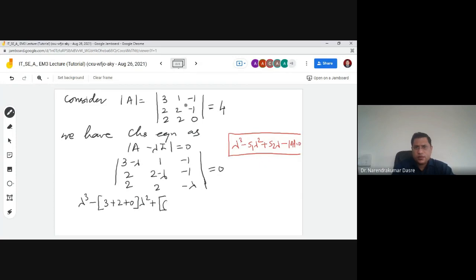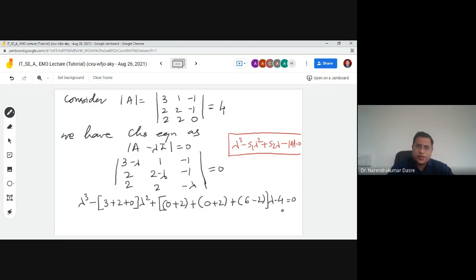So it is 0 plus 2, then for this 2, it will be 0 and again plus 2. So it is 0 plus 2 plus what will be the minor for this 0. So it will be 6 minus 2, and this is lambda minus 4, and this is equal to 0.